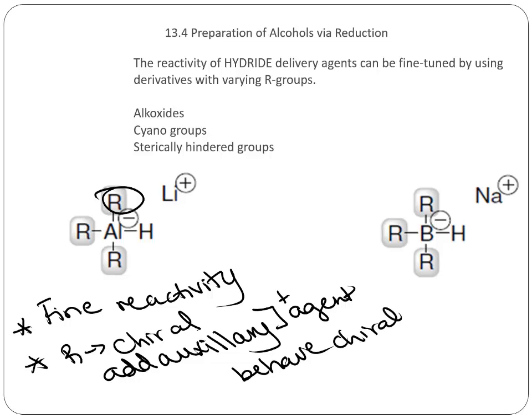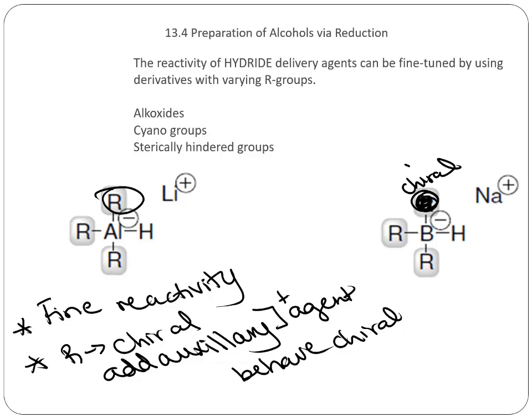Why is that important? If I took lithium aluminum hydride and changed whatever group here into something chiral, it's going to force that derivative to react on certain parts of the molecule more than the other, because it's probably going to be easier to get to one part of the molecule than the other. So people have done various experiments.